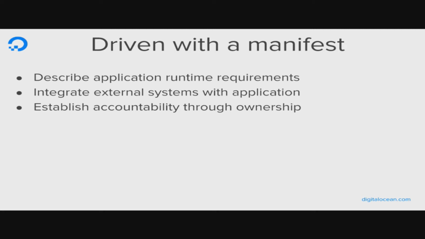So you tell us what your runtime requirements are for the system, and I'll show you an example a little bit later to walk through those. One of the reasons we established this layer of abstraction was that we wanted to integrate you with the existing systems that we had.